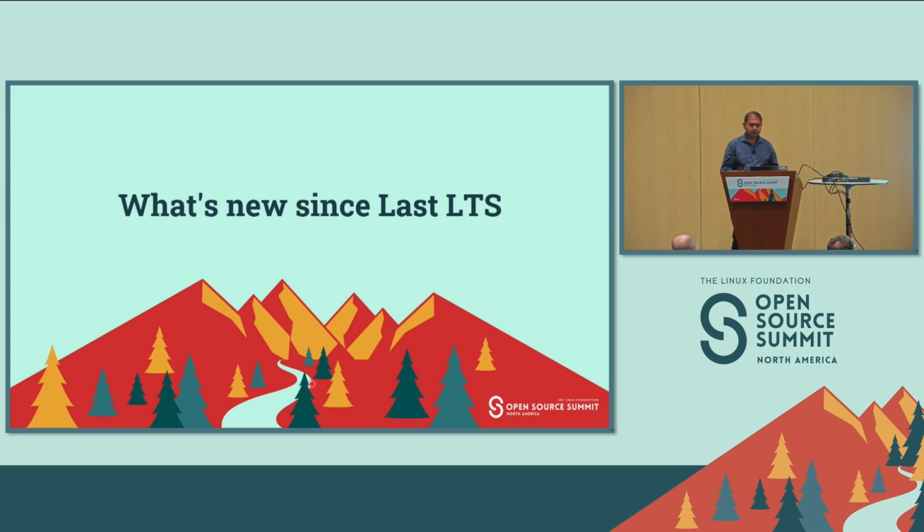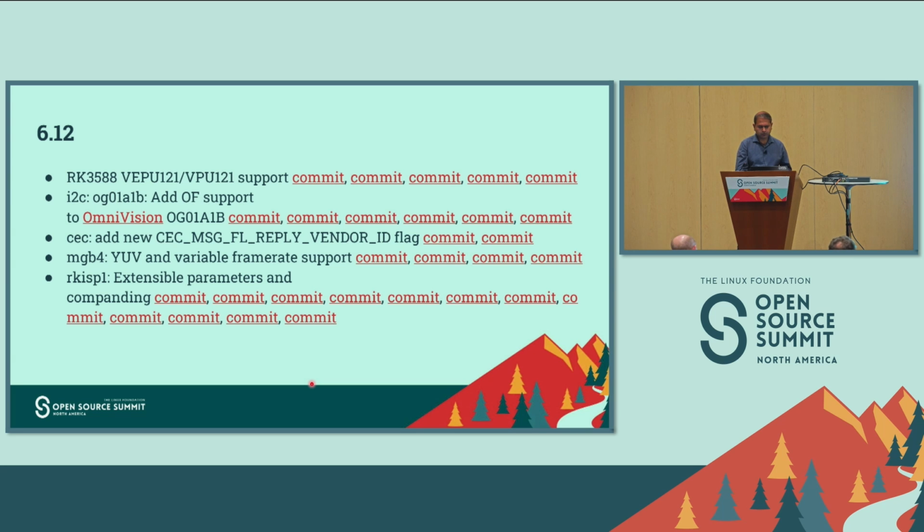For the purposes of this presentation, I was also trying to look at what's new since the last LTS. So 6.12 has a bunch of Rockchip VPU supported. That is for the codecs.